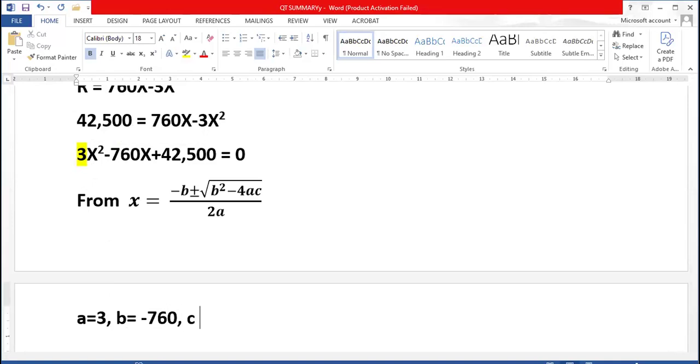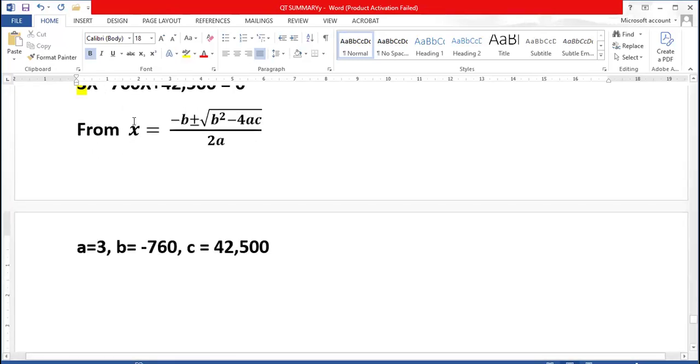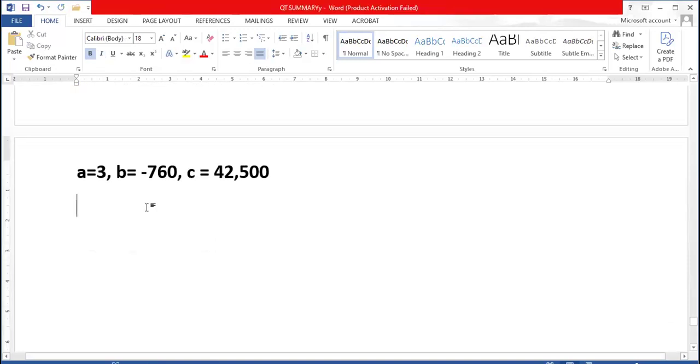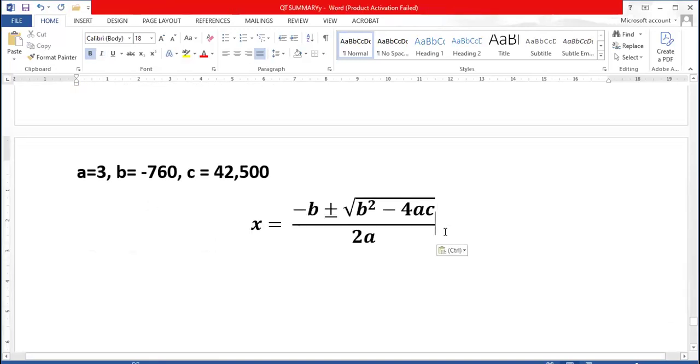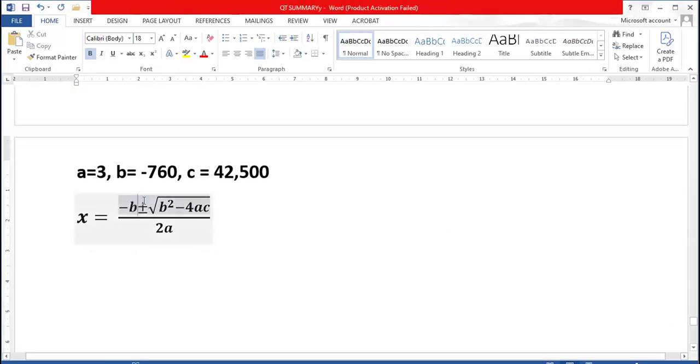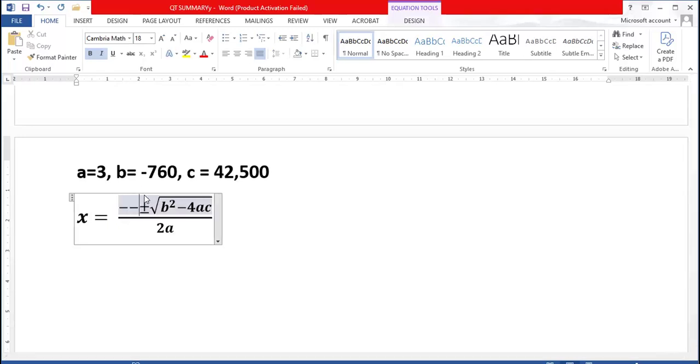Then C is 42,500. So substitute in your formula. Where there is B, we are putting minus, I can just put 760.